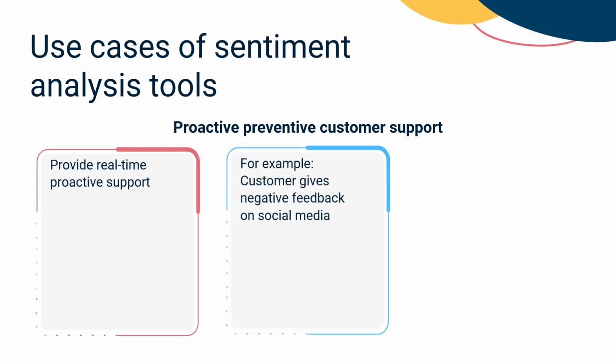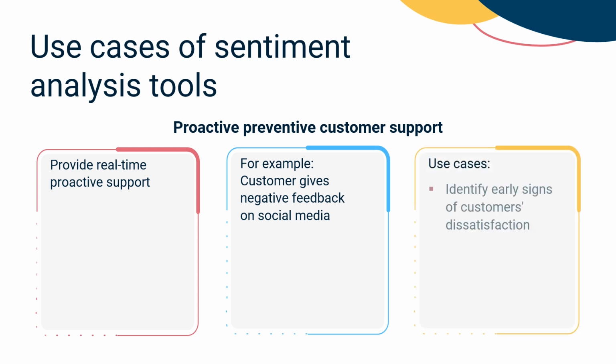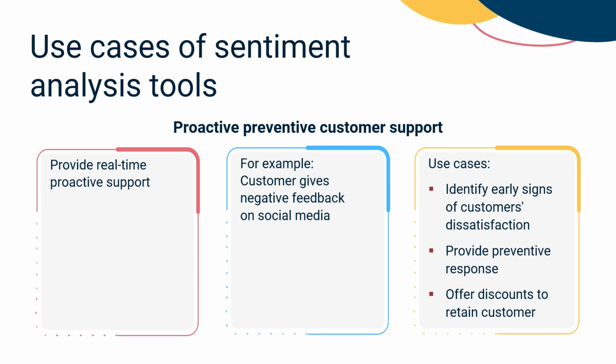For example, if a customer writes negative feedback on social media regarding the shipment delay, in such cases, sentiment analysis tools identify early signs of dissatisfaction or anger in customers' text, generate a preventive response with an apology, and offer discounts immediately to customers before they quit services.